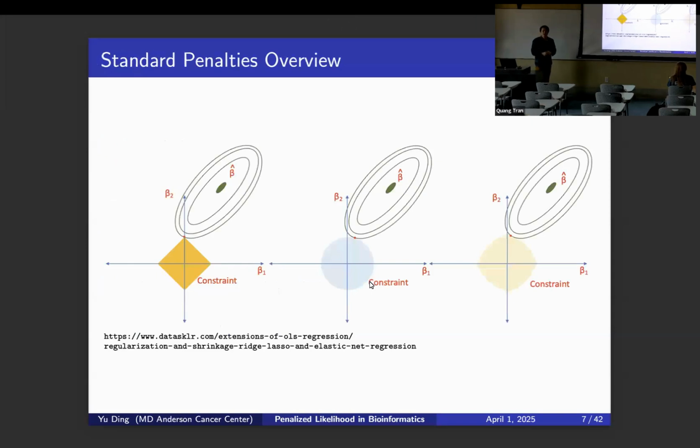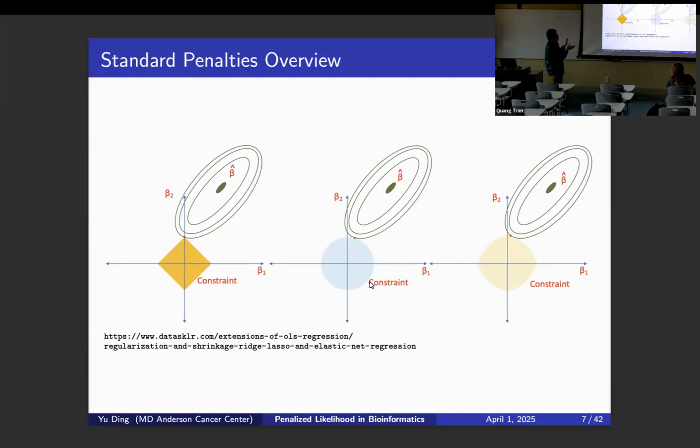Okay, so after an overview of these different penalties, I would like to first start with the standard penalties, which are ridge, lasso, and elastic net.